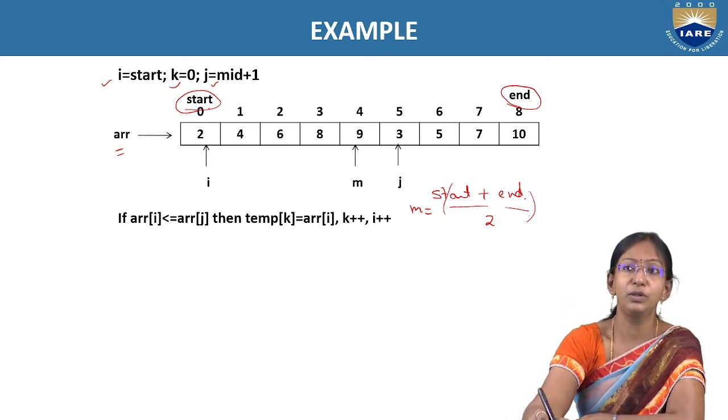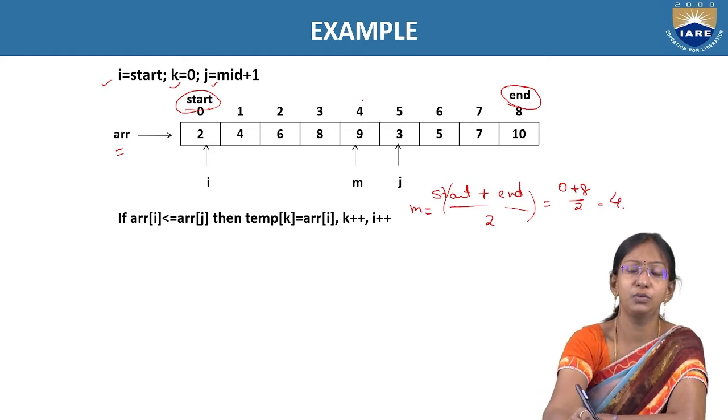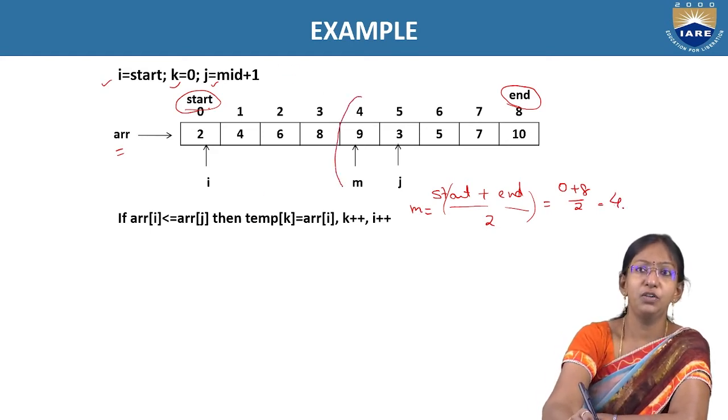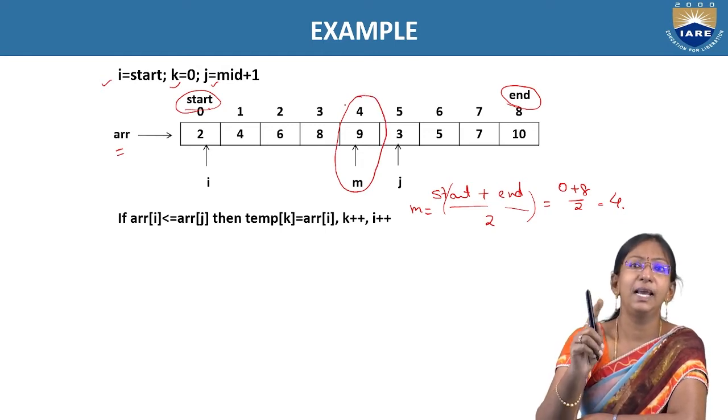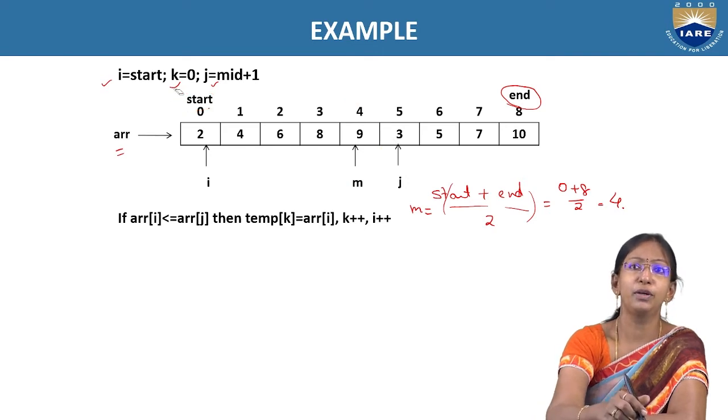Here in this case, 0 plus 8 by 2 is equal to 4. So have a look at this one. M is pointing to 4. What is M? M is nothing but a variable which points to the middle element.